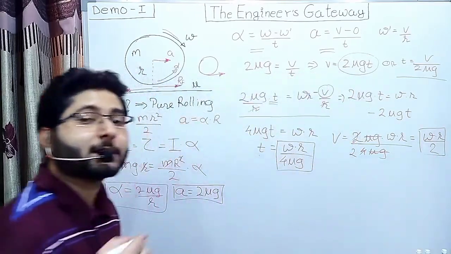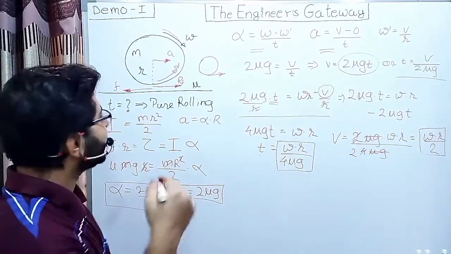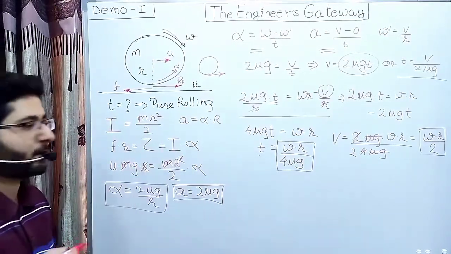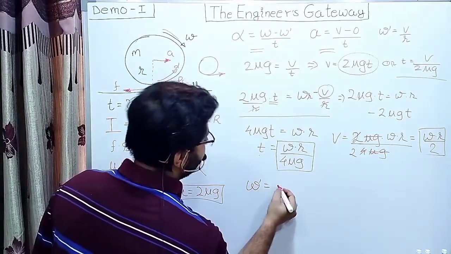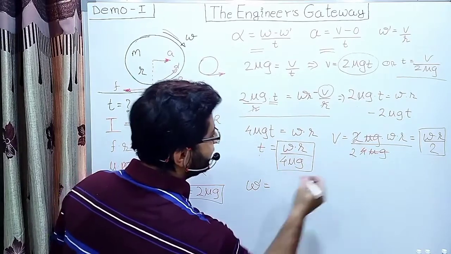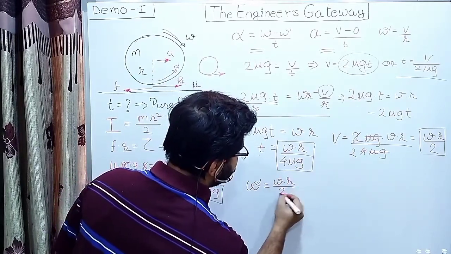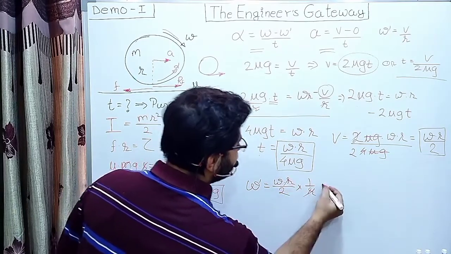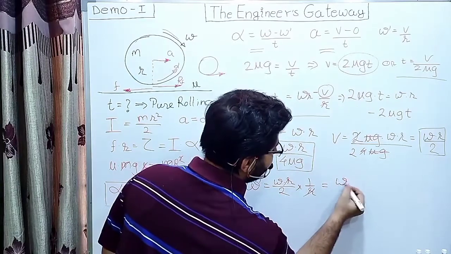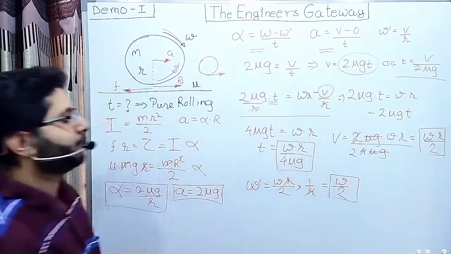Also, if you were asked omega dash, these are the variations of this particular question that can be found. Omega dash was equal to v by r, so with v as omega r by 2, we have omega into r by 2 into 1 by r. R gets cancelled and we are left with omega by 2.